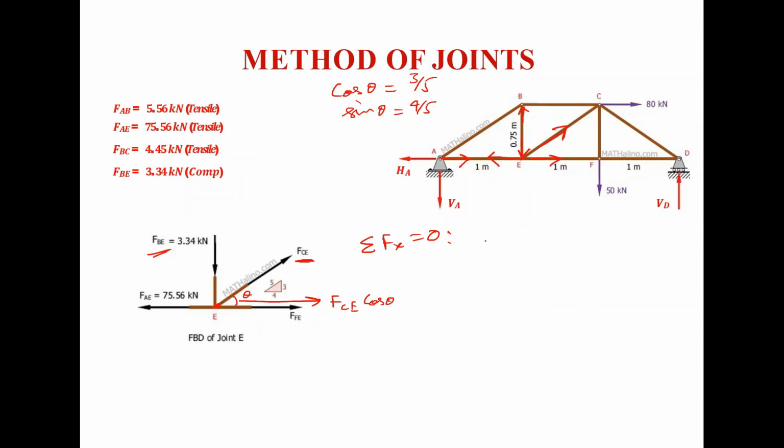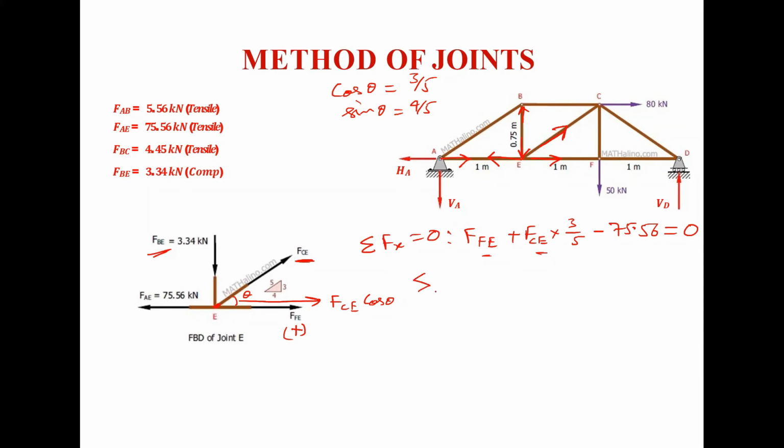So now you apply the horizontal force balance, तो क्या मिल जाएगा अपने को? Suppose I am considering this rightward direction as positive, so FFE plus FCE into 3/5 minus 75.56 will be equal to 0. Okay, but in this equation, both FFE and FCE are unknown, so we cannot solve from only one equation.